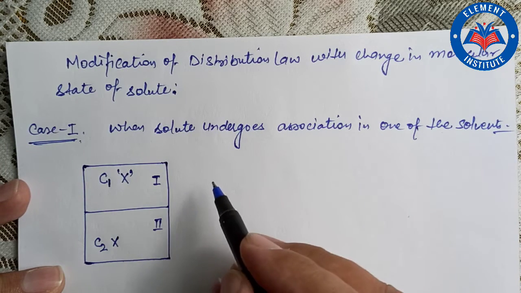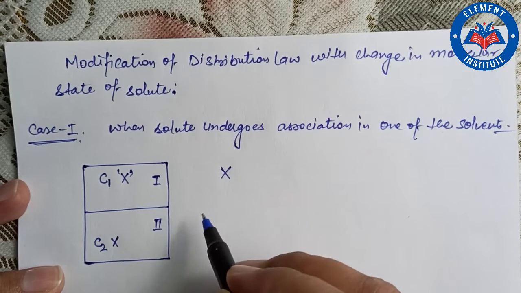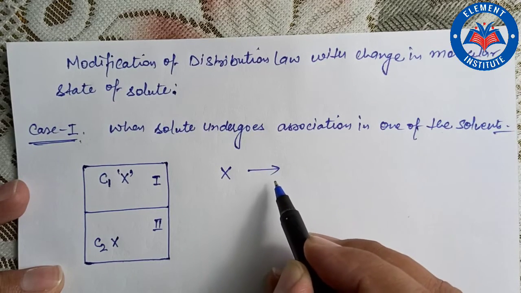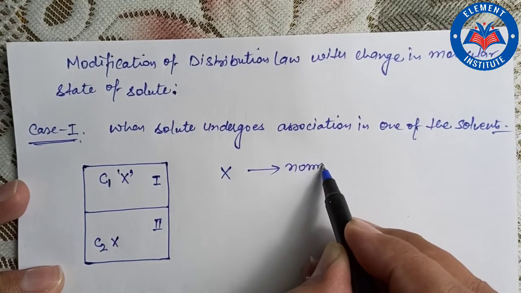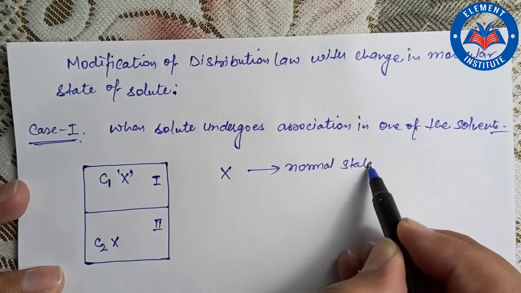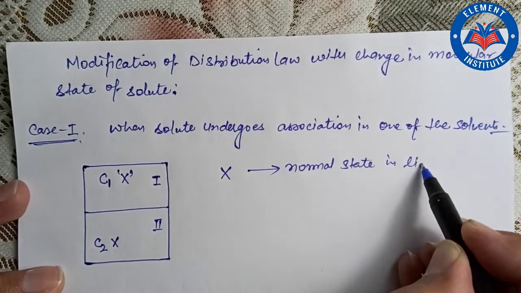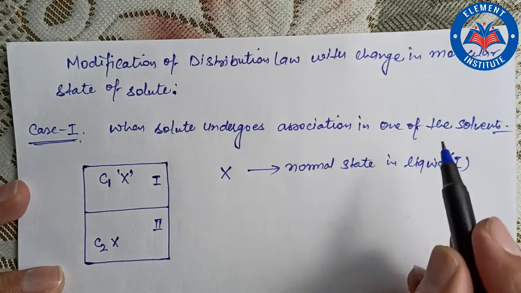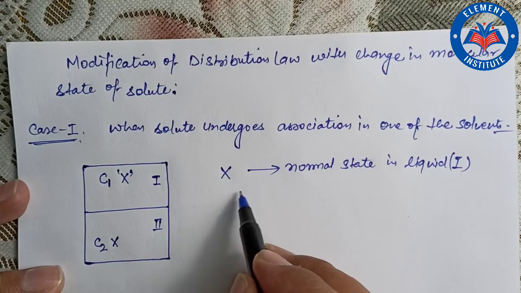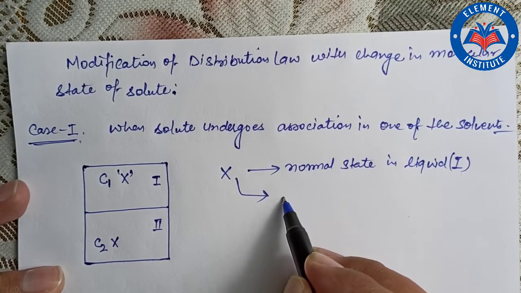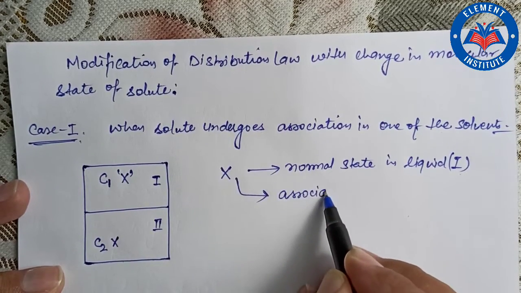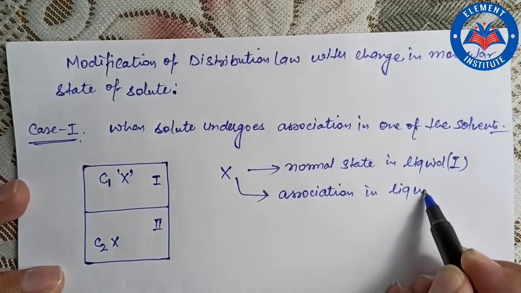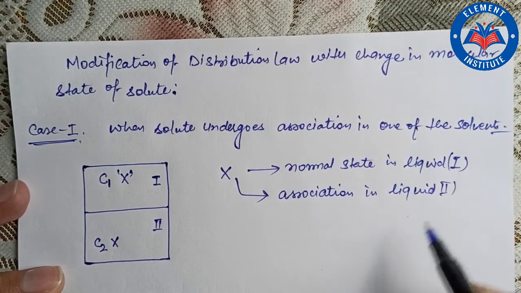Now suppose the solute X remains in the normal state in liquid 1 and it undergoes association in liquid 2.